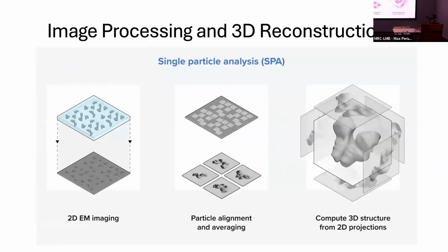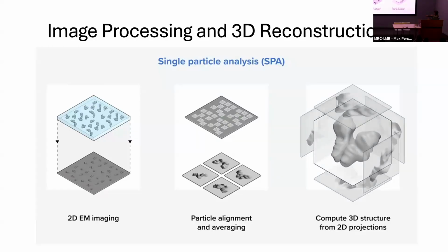So in here, just a simple processing procedure. We see the particle on your grid is like that, and then the EM image is a 2D projection of it. Because of the image formation, this 2D projection is in fact the central slice of the 3D object in the Fourier domain.